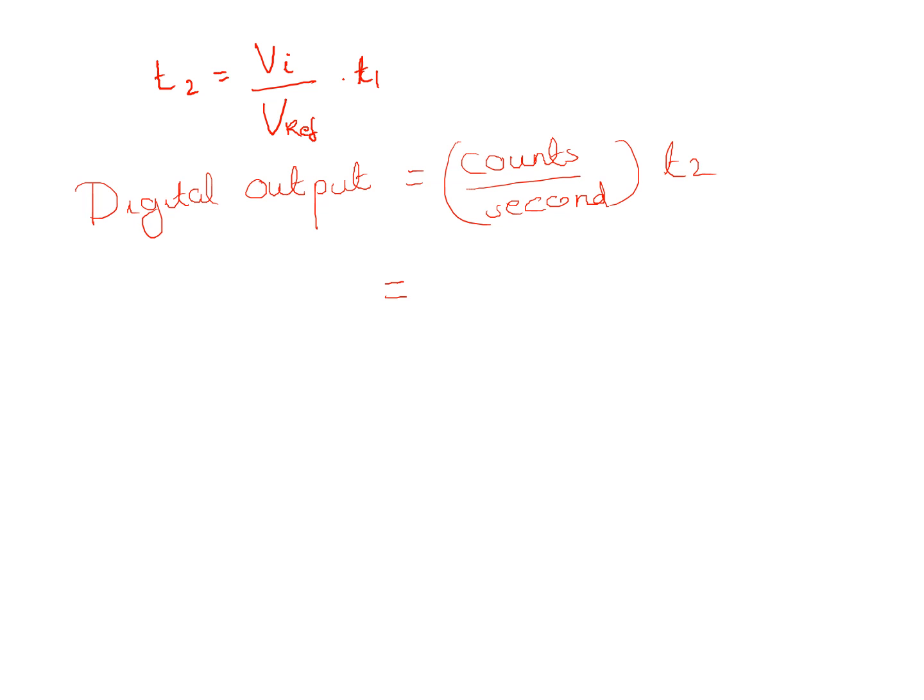So it is equal to counts per second into VI by V reference into T1. This is the digital output corresponding to your analog input voltage VI. The counter output is then connected to any appropriate digital display, and you will get the proper digital value of the given analog input voltage.